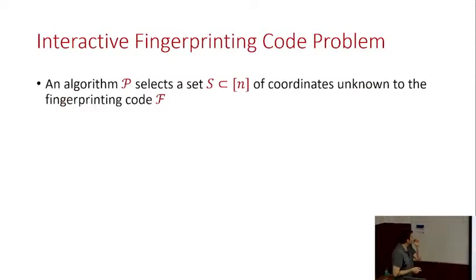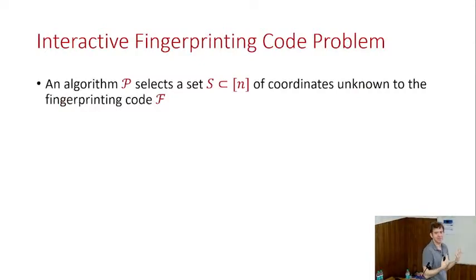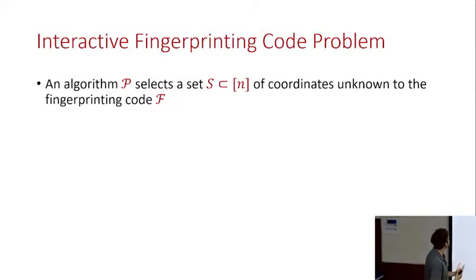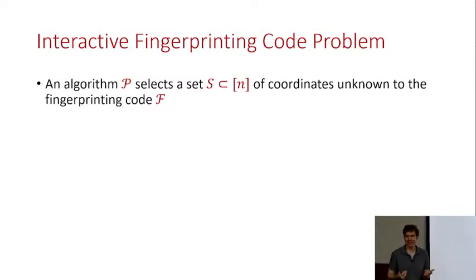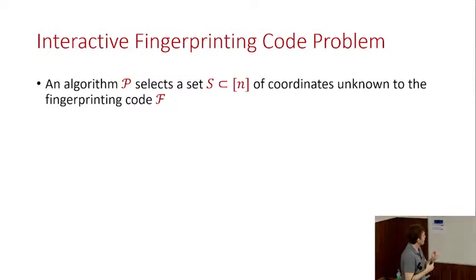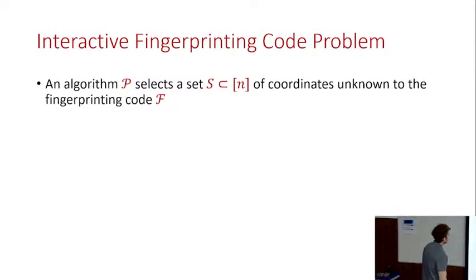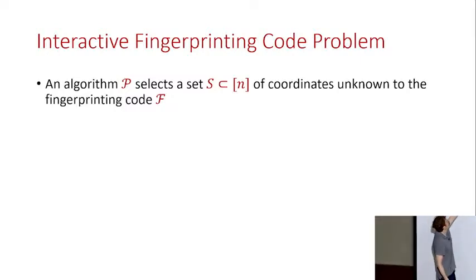Okay, how can we solve this special case? So we're going to use what's called fingerprinting. So here's what's called the interactive fingerprinting code problem. There's an algorithm P which is selecting a subset S of the n universe items.